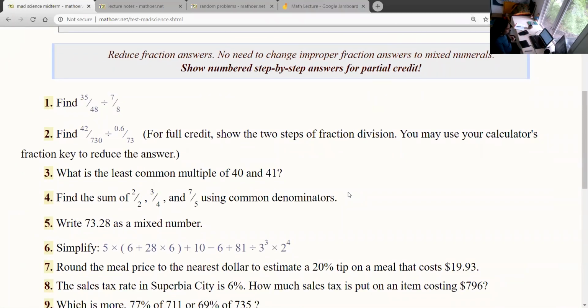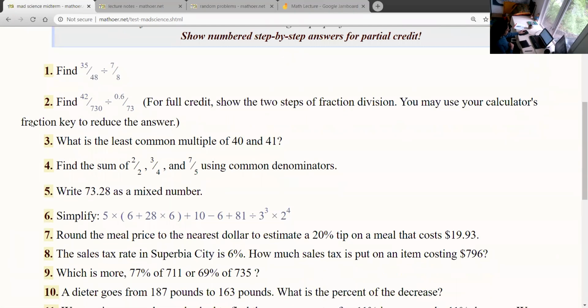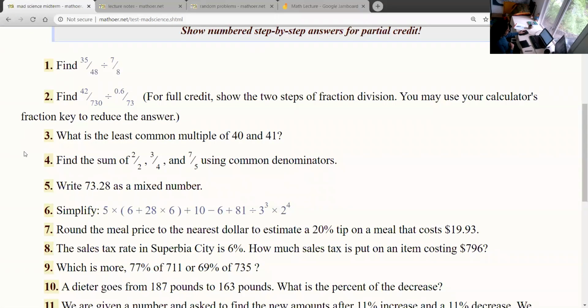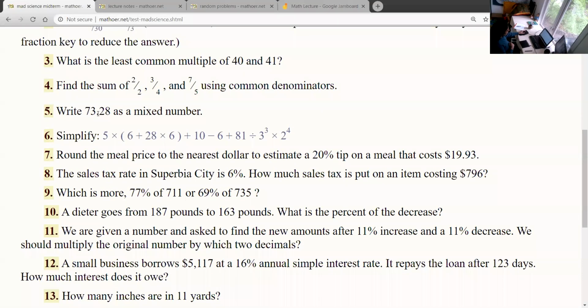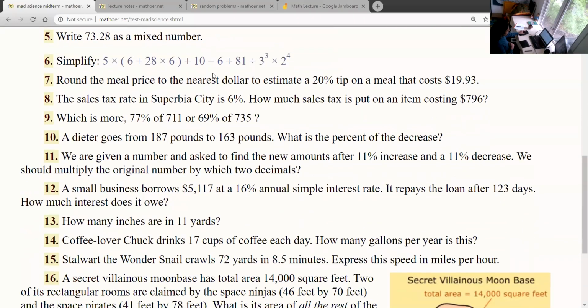So if you wanted to try one of these over the weekend, there are different ways to put numbers together: fraction division, least common multiple, adding up fractions, decimals to mixed numbers, terms and order of operations, percent of something.